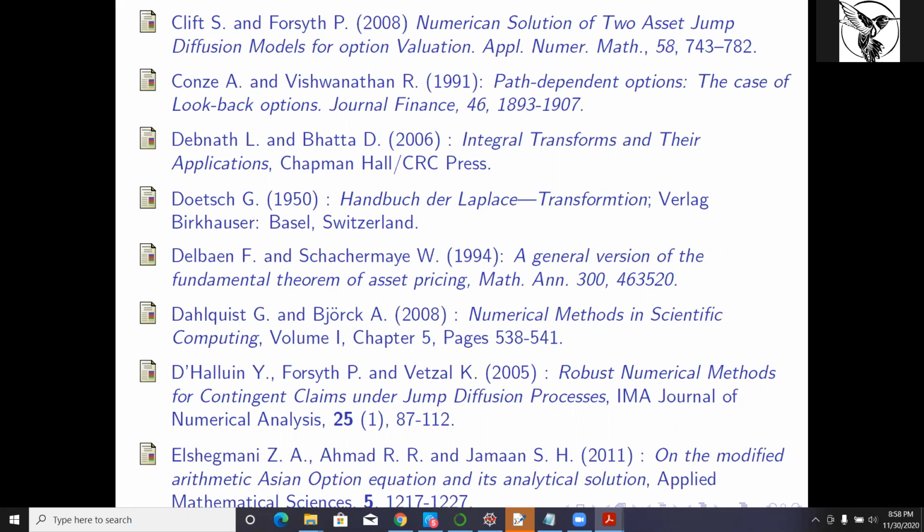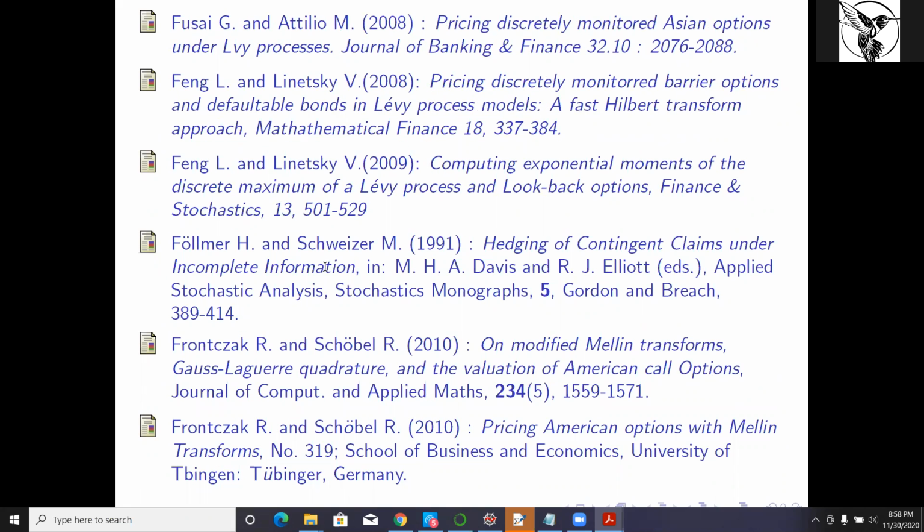Then one very interesting paper is by Föllmer and Schweizer. They describe different hedging strategies in incomplete markets. So this is the paper you can follow if you want to work in the area of pricing in the incomplete market.